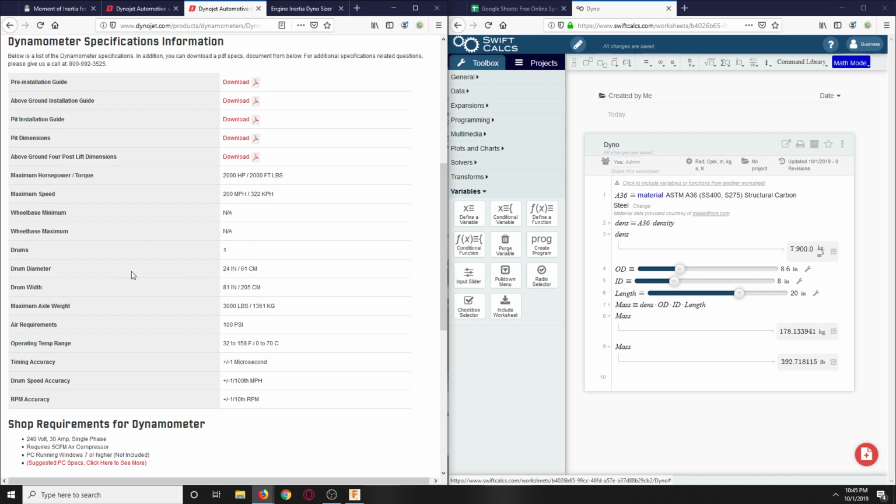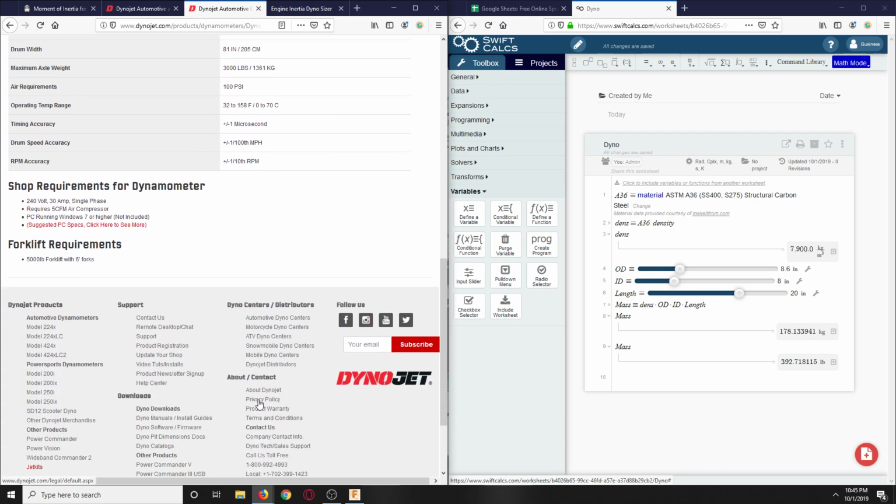But look here: drum diameter 24 inches, drum width 81 inches, maximum axle weight 3,000 pounds. Timing accuracy plus or minus 1 microsecond. Drum speed accuracy plus or minus 1/100th of a mile per hour, 1/10th of an RPM.